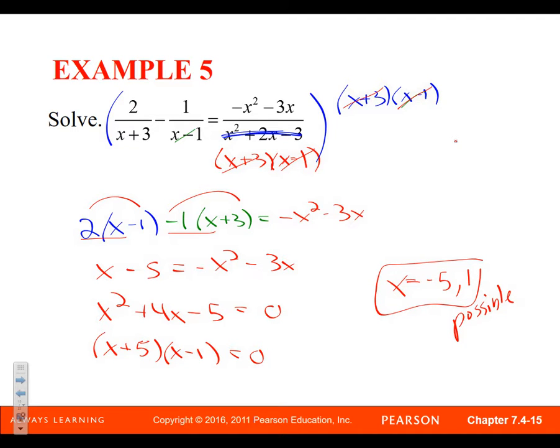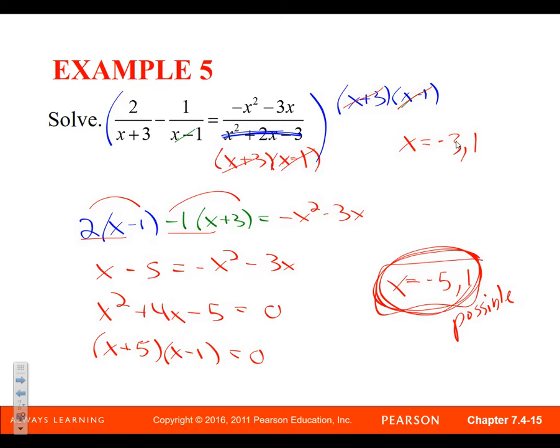Now what I would do is take a look at what can be in the denominator. Domain. You can't have a negative 3 and you can't have a 1, right? Are any of these two solutions not supposed to be in the denominator? The 1, right?